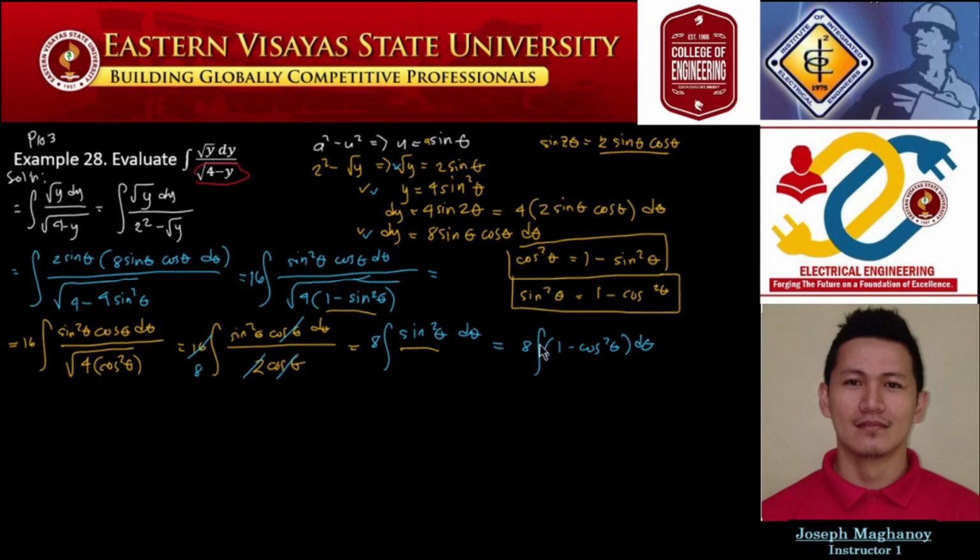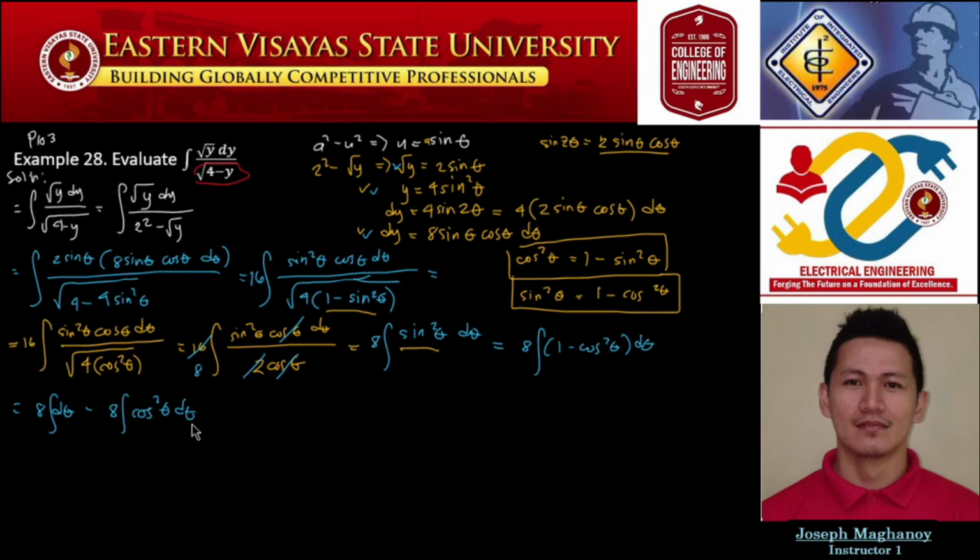So we apply our property number 1. We distribute the integrand inside, including the real number constant. So if we do so, that is 8 integral of 1 d theta minus 8 integral of cosine squared theta d theta.